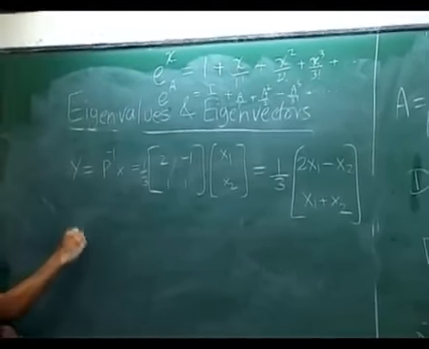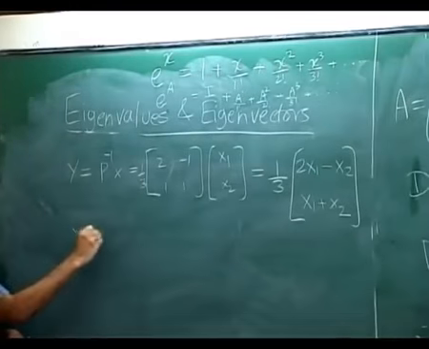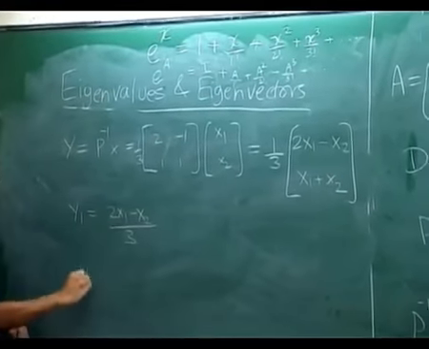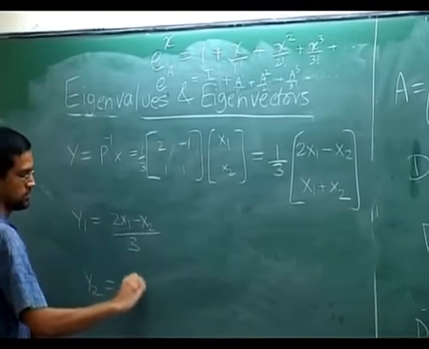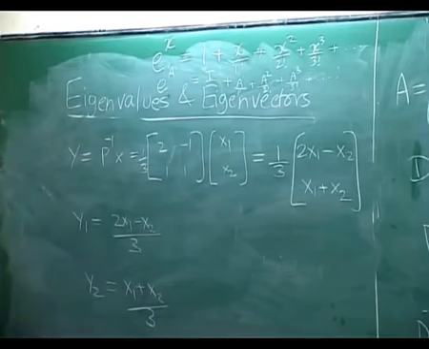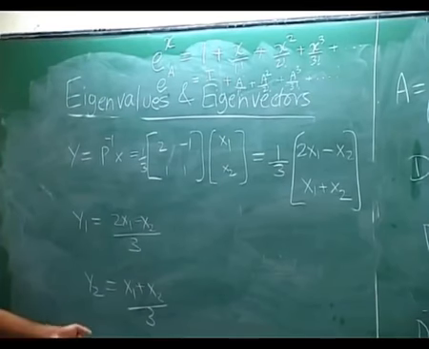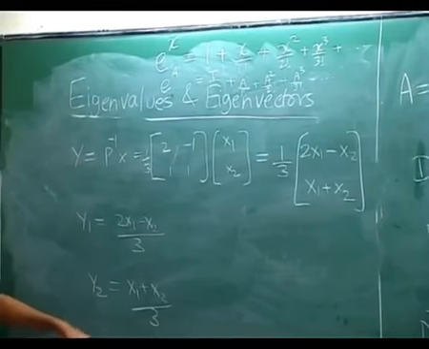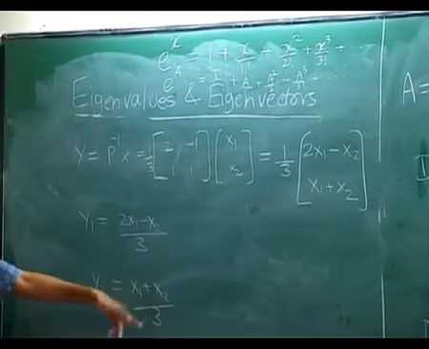So what is y1? The first component of y is 2x1 minus x2 divided by 3. y2 is x1 plus x2 divided by 3. Right? So are these the same as the y1 y2 we had initially? Almost, up to the division by 3.